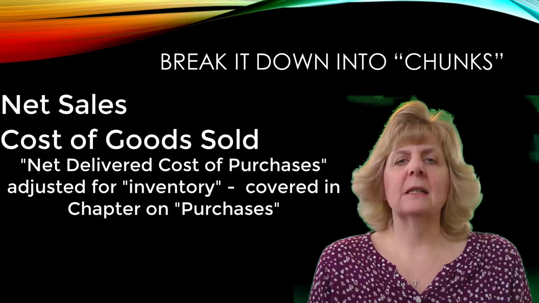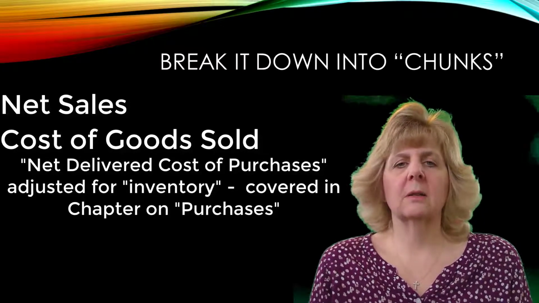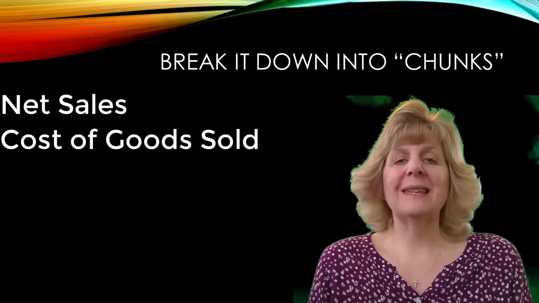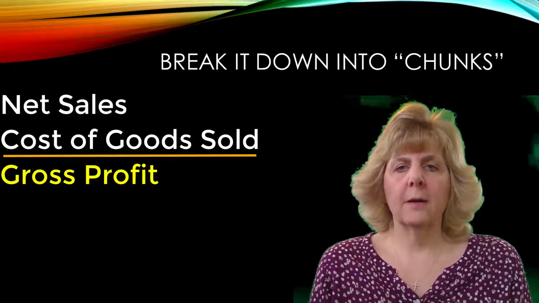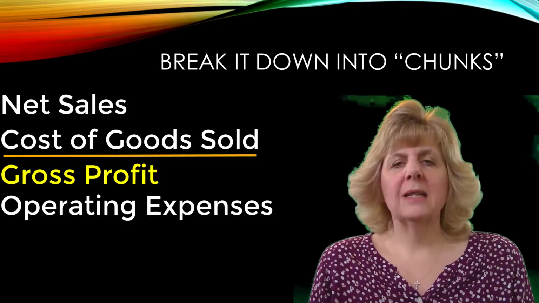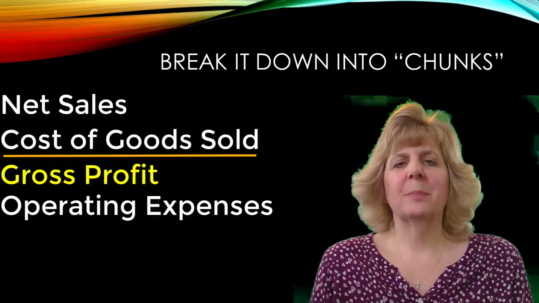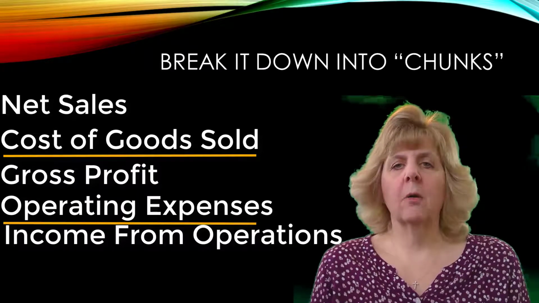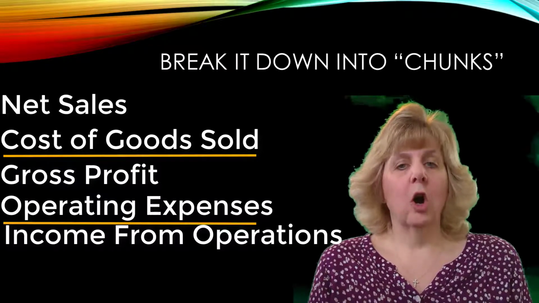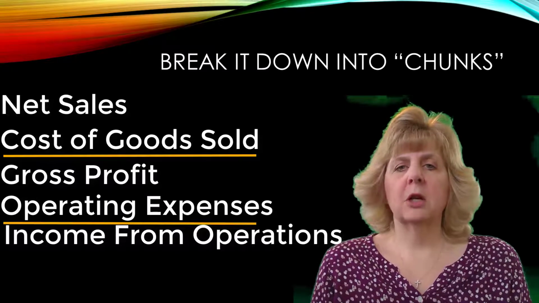We learned about this back in the chapter on purchases. The difference between net sales and cost of goods sold is gross profit. From there, we deduct out the operating expenses, which will give us another subtotal called income from operations.